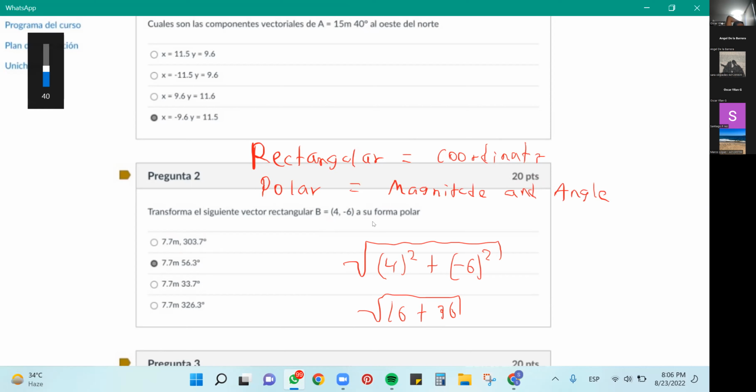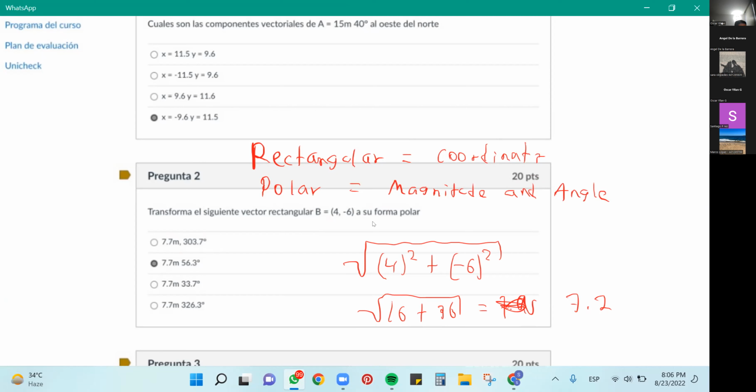Is it 10.7, right? 7.7, right? In my calculator it says 7.2, but I think that I typed it wrong. Okay, let me see, maybe they are wrong. Yeah, it's 7.2. Yes, they are wrong in that one. So it's 7.2 meters.